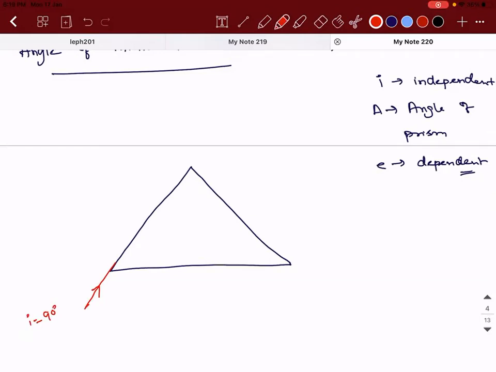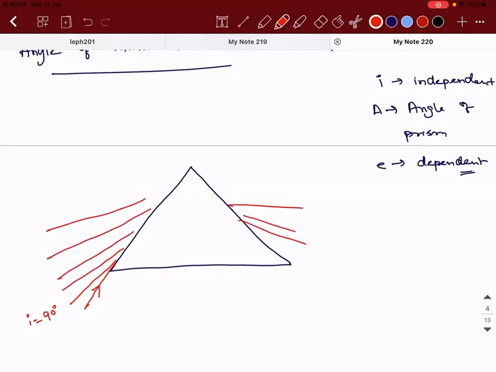And you keep increasing the angle of incidence, then there will be a change in the angle of emergence also. If you tabulate all the values, angle of incidence, angle of emergence, and delta, as the angle of incidence changes, the angle of emergence will change, as a result of which delta will also change. And in those values, you can find one particular value of delta which will be the least.